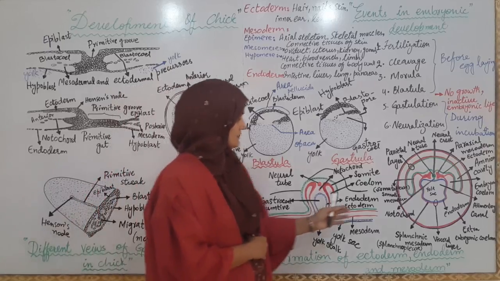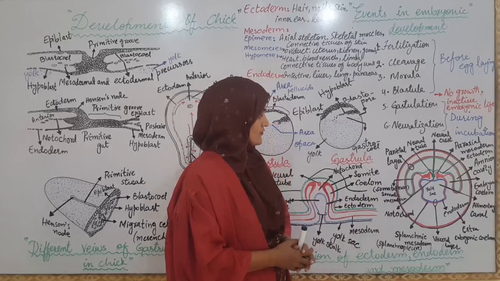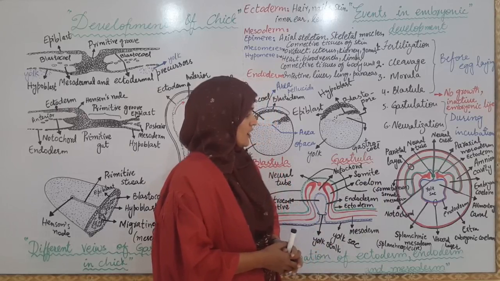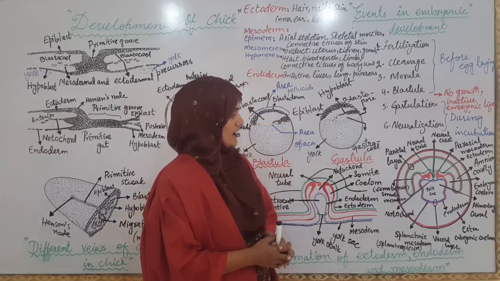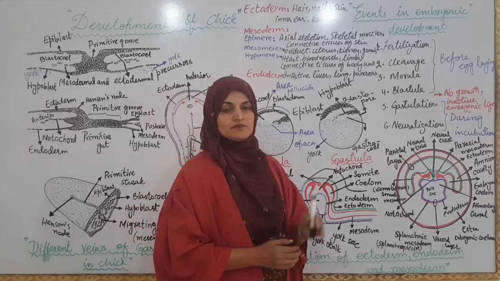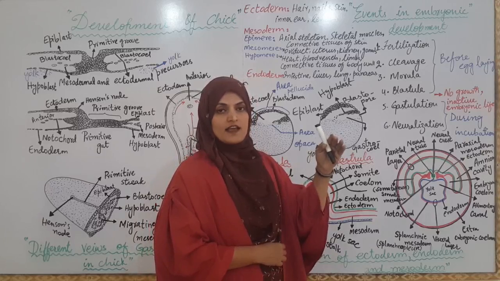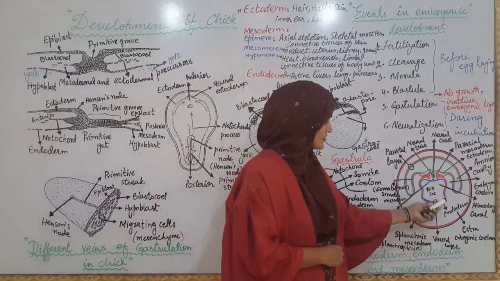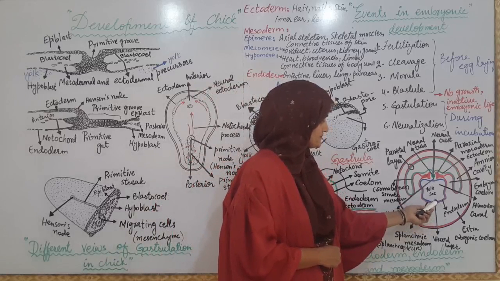Here is the formation of the germ layers. How is endoderm formed? Because of the migration of some epiblast cells that mingle with the hypoblast, endoderm is formed.